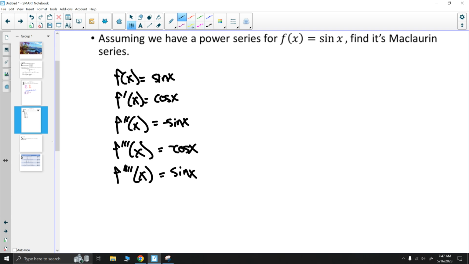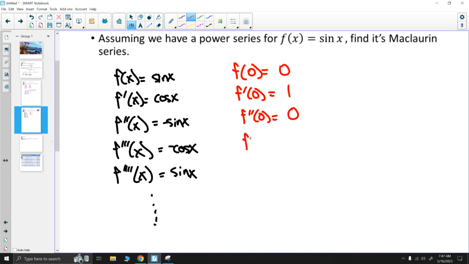So let's now think about that at 0, since it's a Maclaurin series. F of 0 is going to be sine of 0, which is 0. F prime of 0 is cosine of 0, which is 1. F double prime of 0 is going to be sine of 0, which is 0. F triple prime of 0 is going to be negative 1.